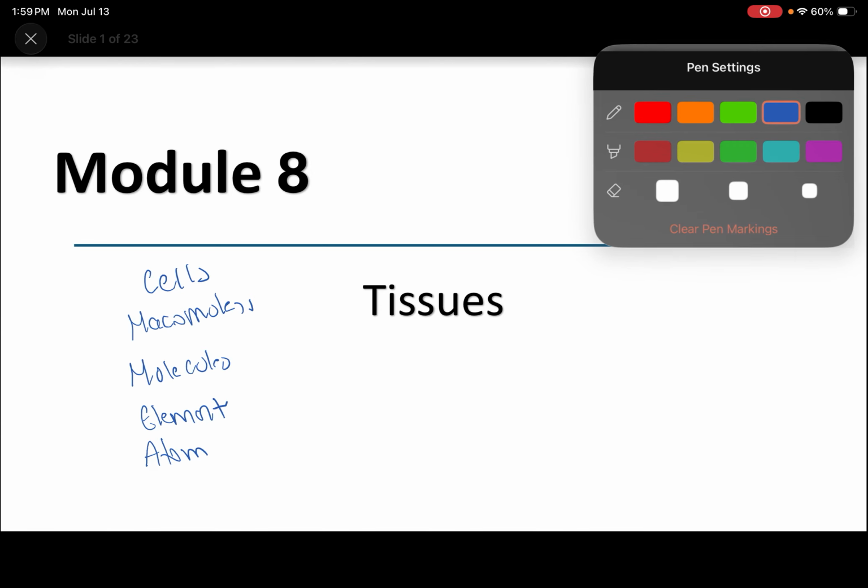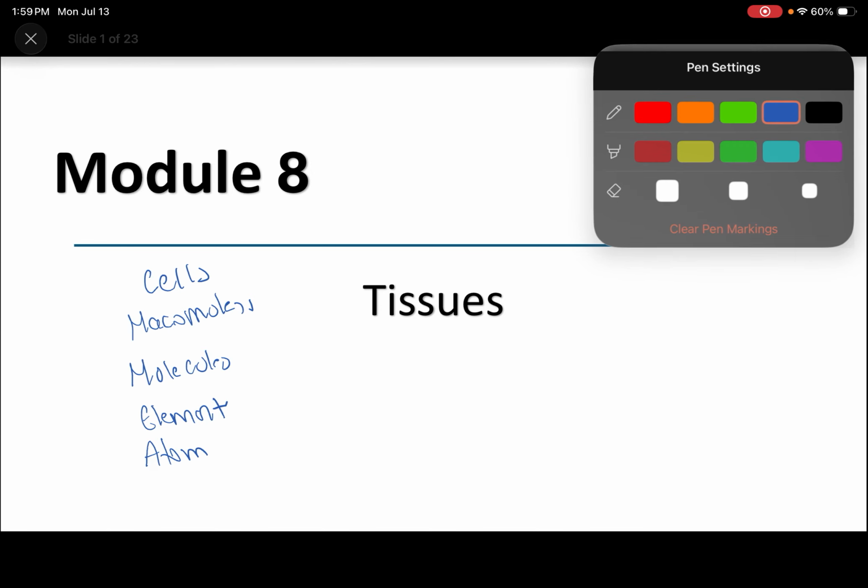Right above cells are tissues. And that's what this module is going to be focused on. We're specifically going to focus on the type of tissues that we find in humans. There are plant tissues and other animal tissues, but these are the tissues we see in humans.